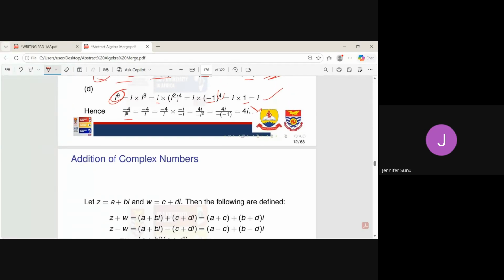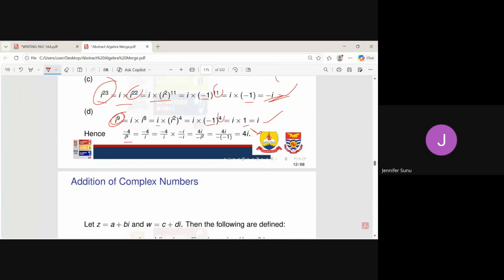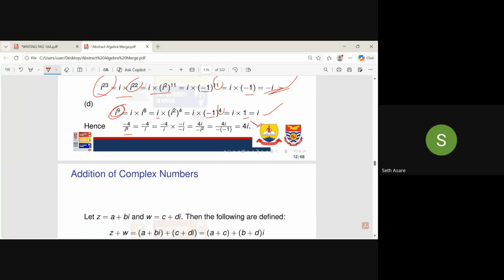Negative 4 over I, do we have to rationalize it by multiplying it through by the conjugate, negative I? You have rationalized it, right? So when you rationalize it, what happened?